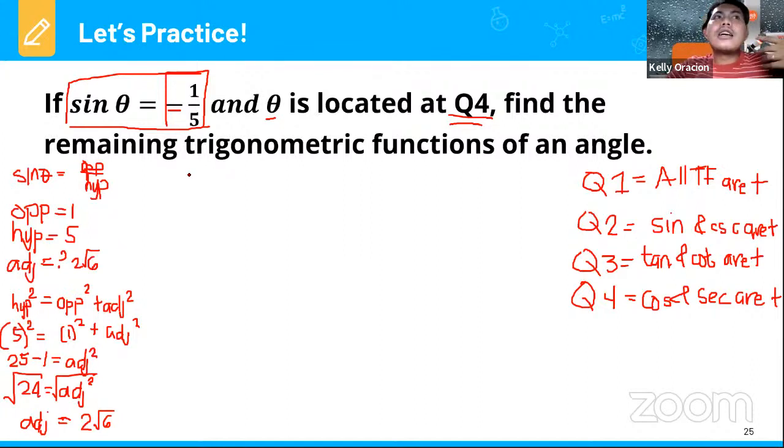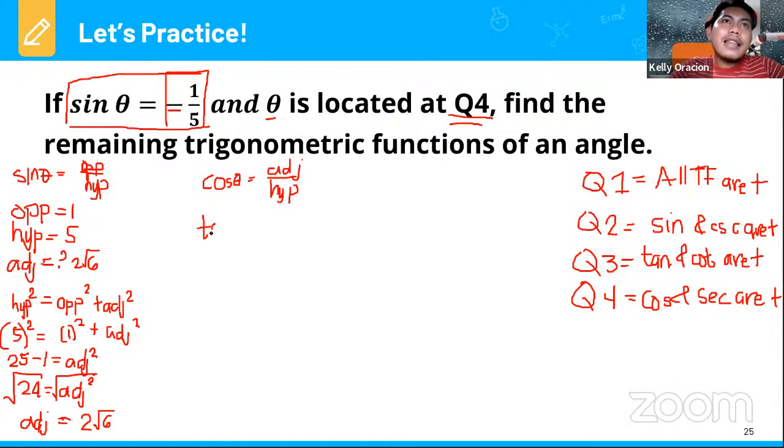Now we have the complete opposite, hypotenuse, and adjacent. The sign is also given. So we are going to find the remaining functions. We have the cos. Cos theta is adjacent over hypotenuse.